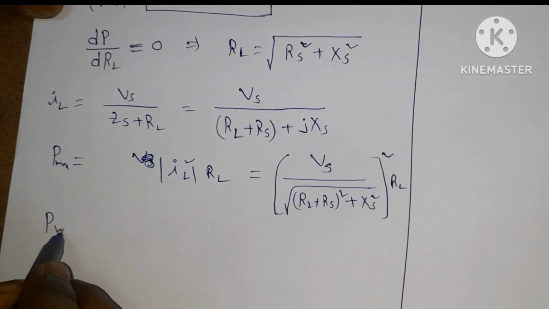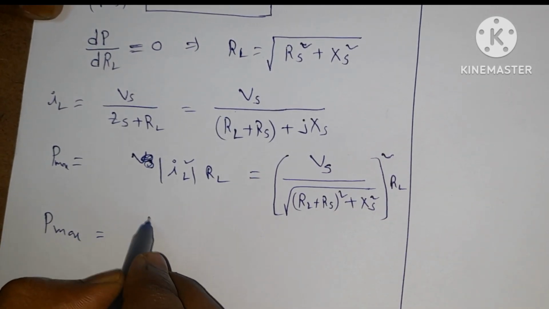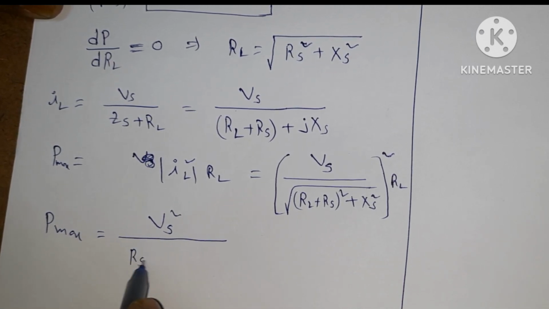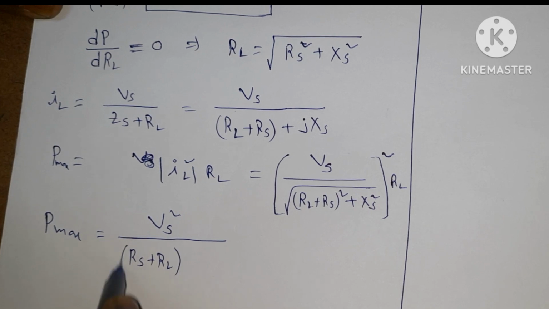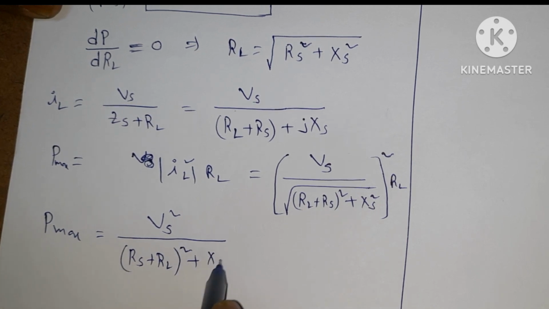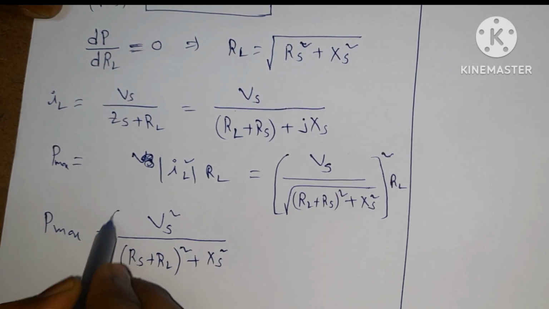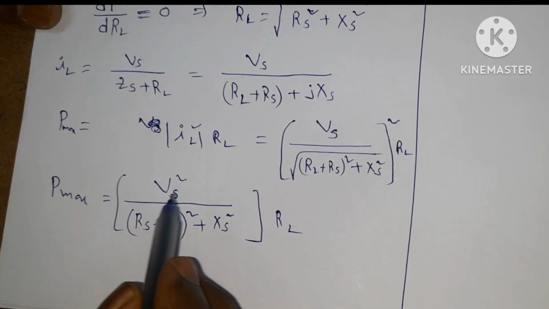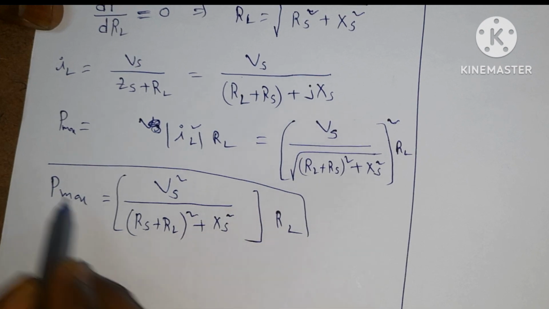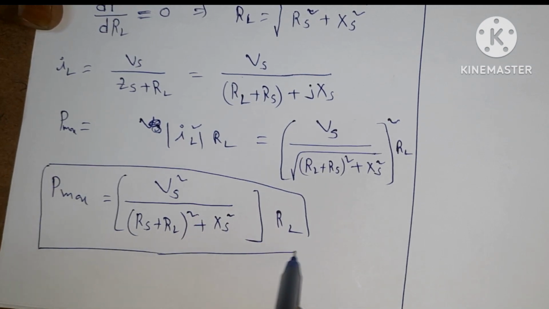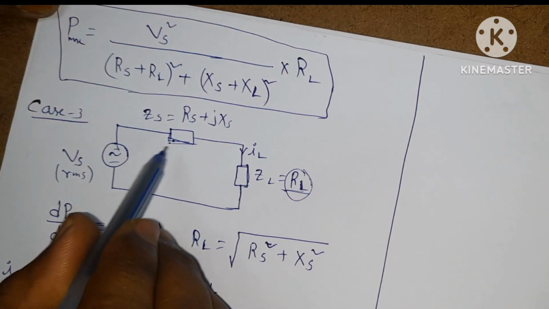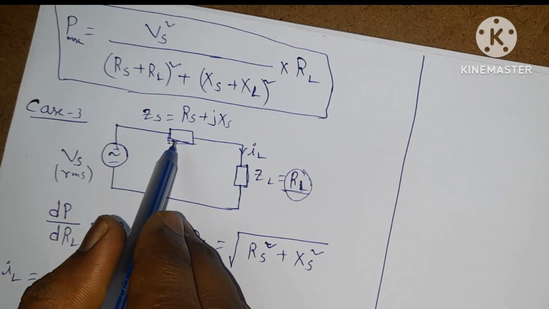Then you will get P max equal to Vs square by ((RS plus RL) whole square plus XS square) into RL. This is the maximum power transferred to the load when the load is purely resistive and the source impedance is complex.